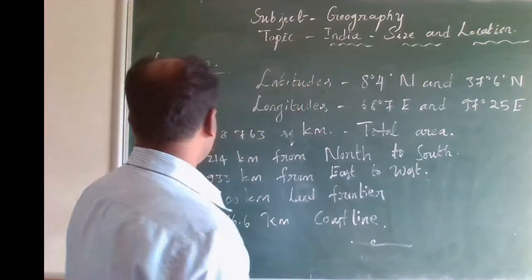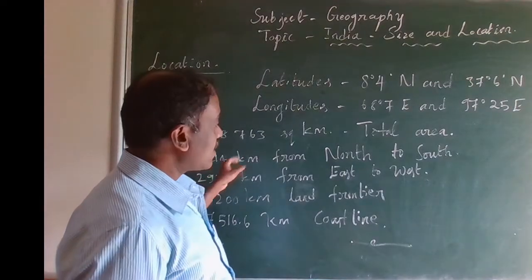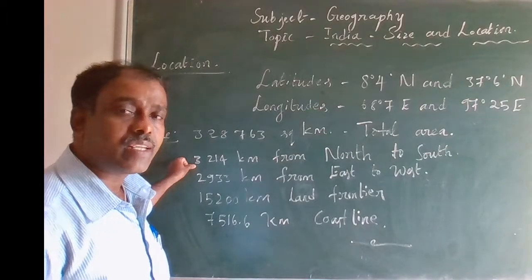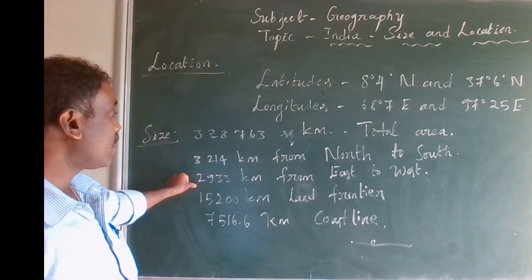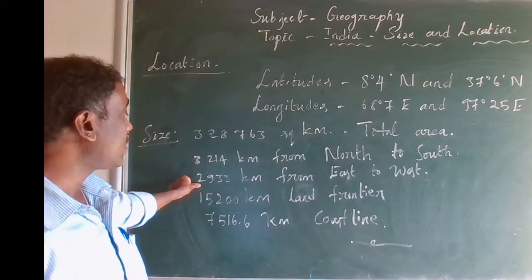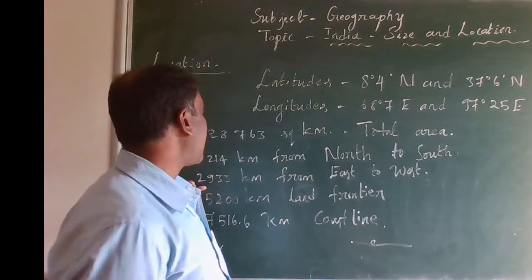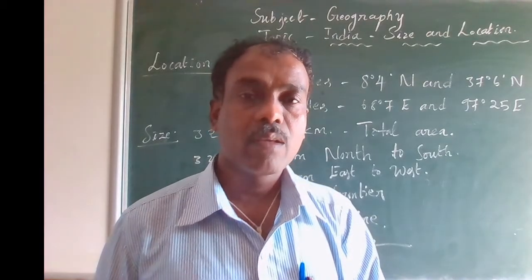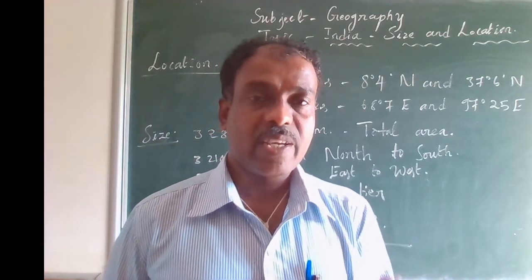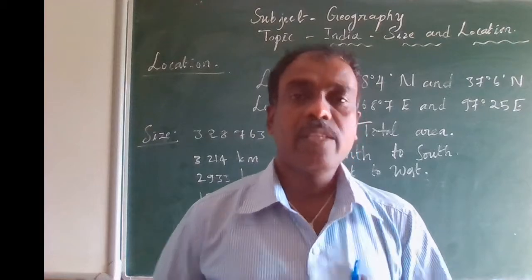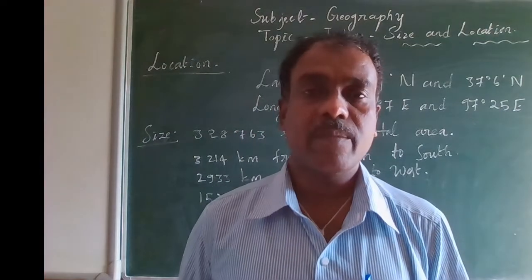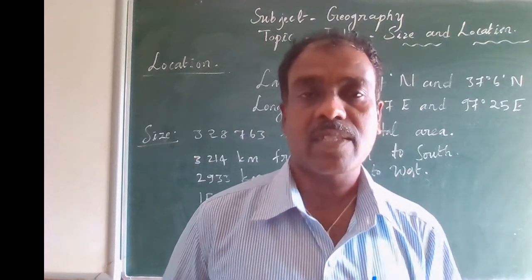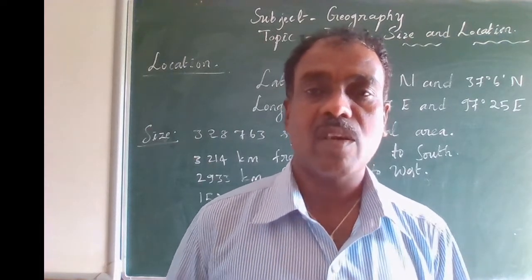It extends north to south 3,214 kilometer, and east to west 2,933 kilometer. Totally, we came to know that it is one of the vast countries, with the richest natural resources, including the population also.